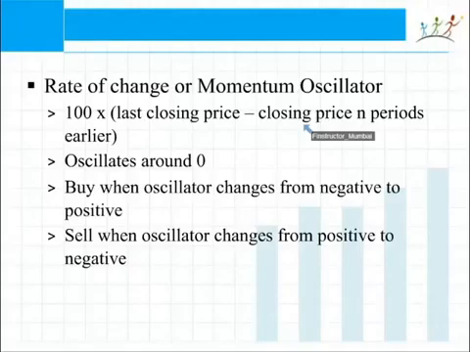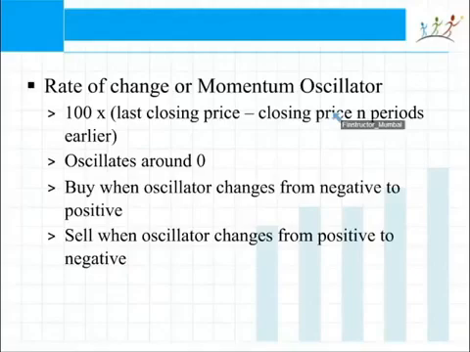Now this oscillator is expected to move around 0. The last closing price and the price 5 days or 10 days before are expected to be about the same, so this normally oscillates around 0. Sometimes the price will be higher, in which case it will be positive. Sometimes it will be lower, in which case it will be negative.